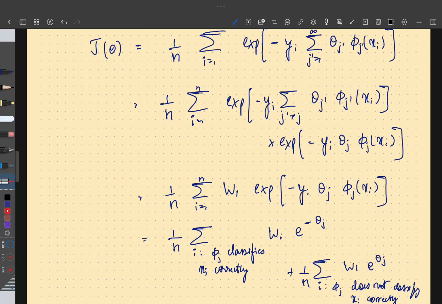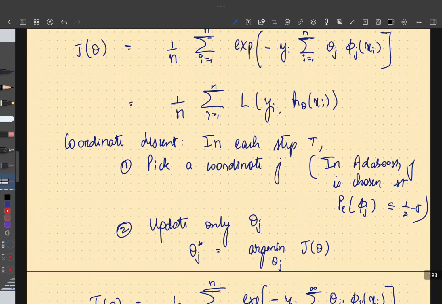So let's think about different ways in which this can be generalized. This is one interpretation of AdaBoost. In AdaBoost, we choose the loss function to be the exponential function, and in every step we basically did coordinate descent. But there's no particular reason to do this.